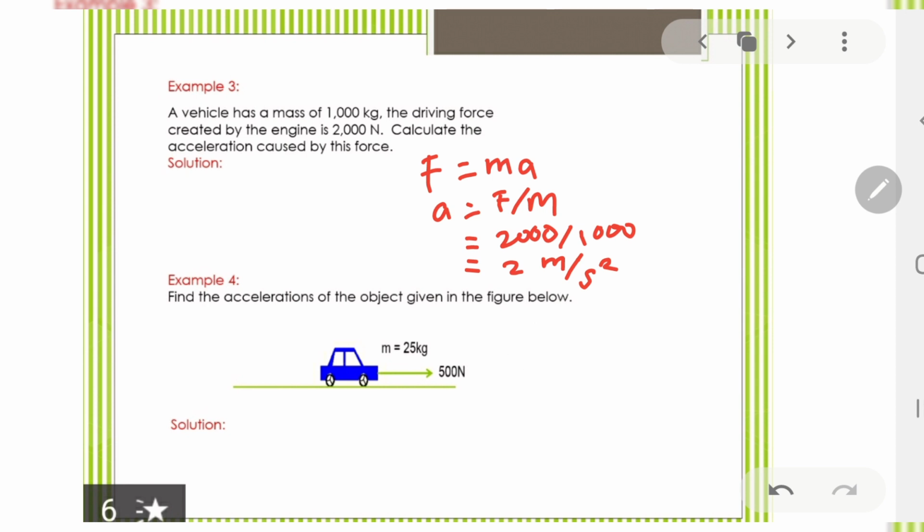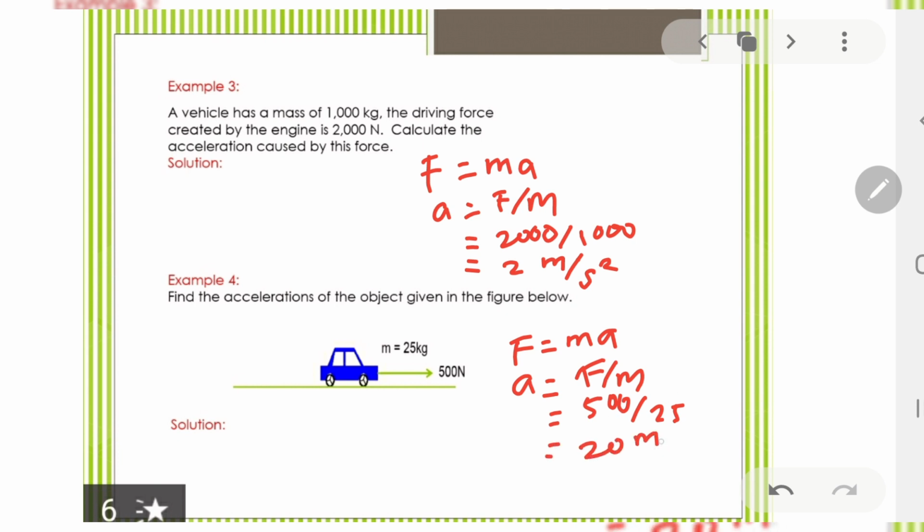In this question we will use the formula F equal to ma. Rearrange this formula, so you will get a equal to F over m. So F is equal to 500 divided by 25, and the answer is 20 meter per second square.